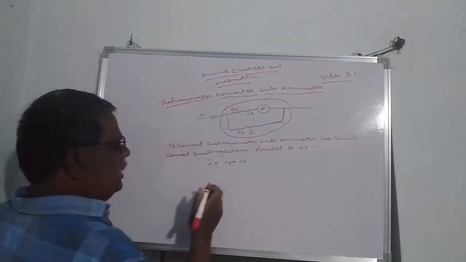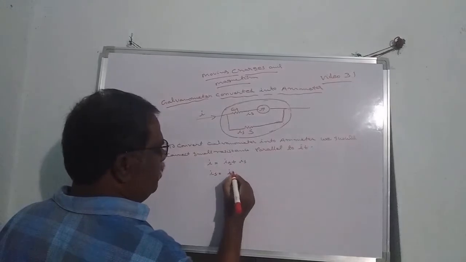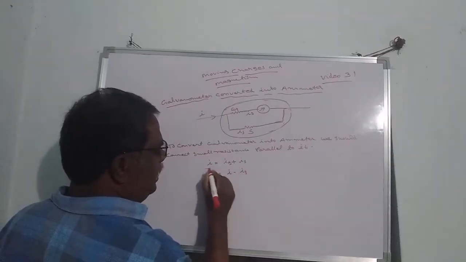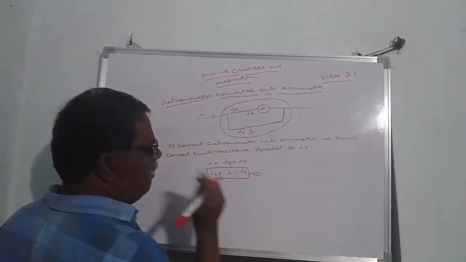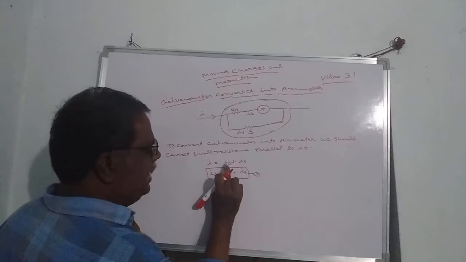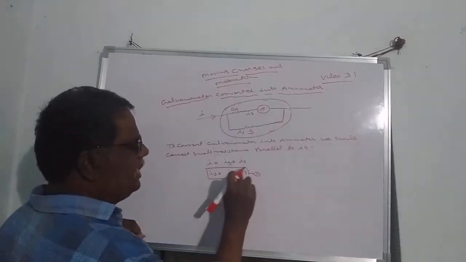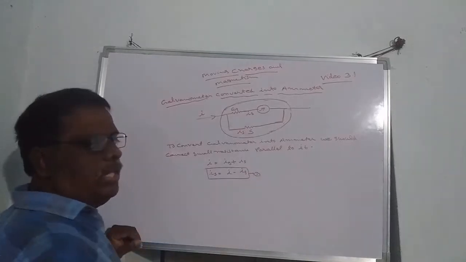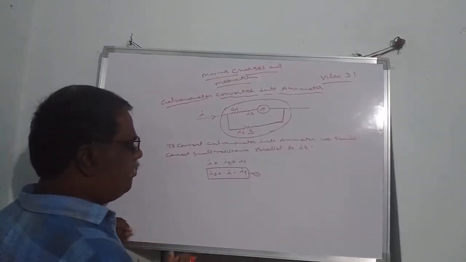So this is the shunt resistor, shunt current will be equal to I minus Ig. So this is one of the equations. Let us say equation number 1, where I is the total current, Ig is the current passing through the galvanometer, Is is the current passing through the shunt or through the parallel resistor.